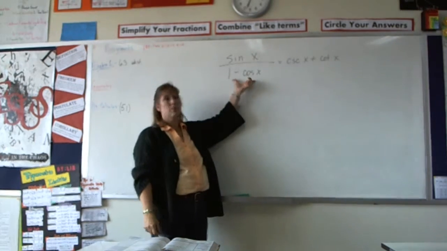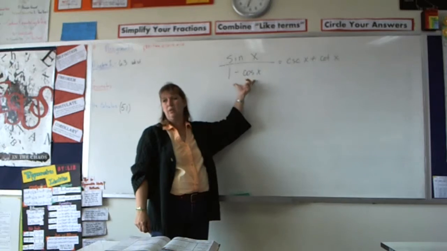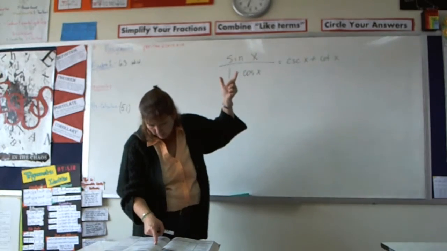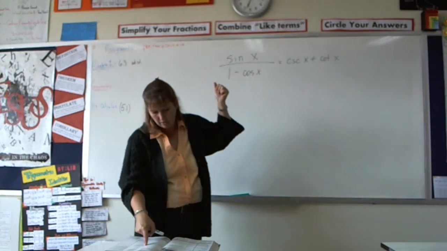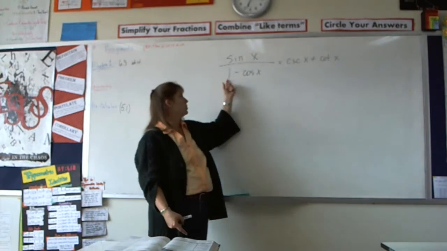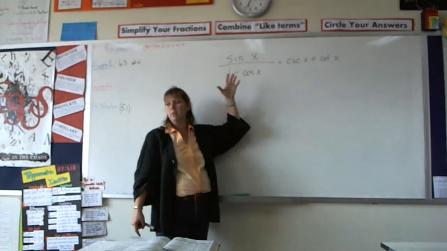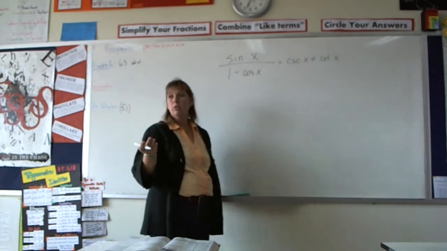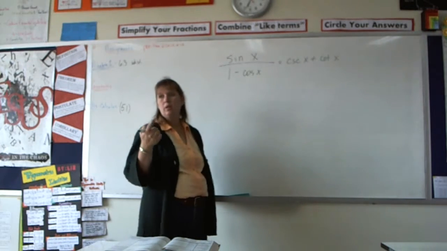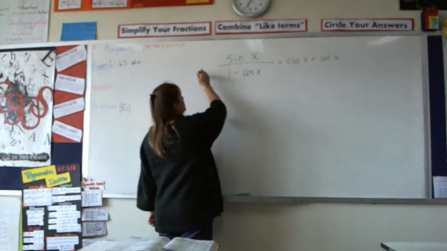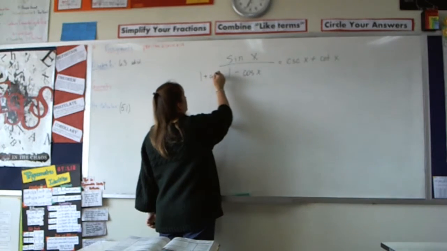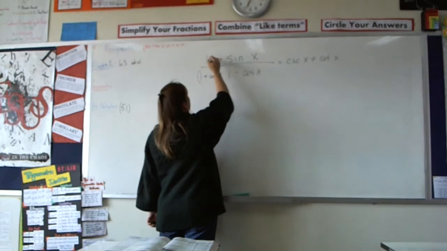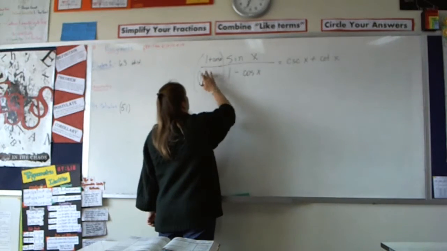Deal with the conjugates, right? And what they said to do here is to eliminate a fraction in which the denominator is of the form 1 plus or minus u. U being some kind of trig function. So obviously they tell you to multiply the top and the bottom by the conjugate of what's on the bottom. So that means we're going to multiply by 1 plus cosine of x, 1 plus cosine of x, top and bottom. Here, do it this way, that'd be easier.